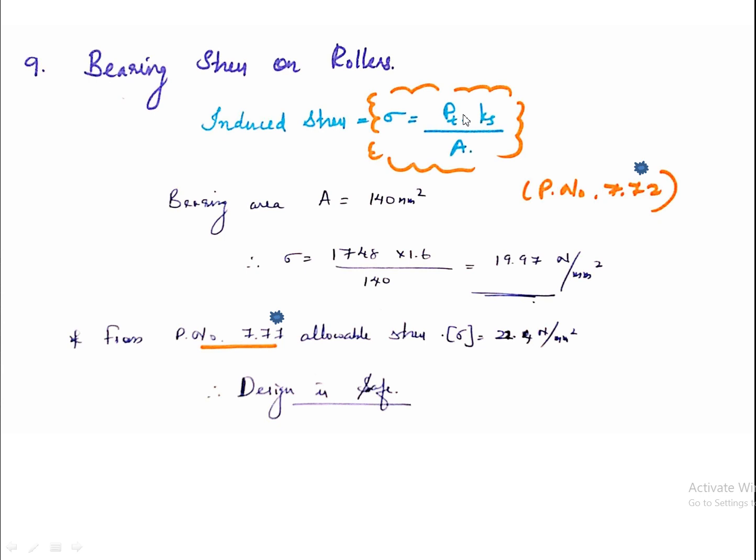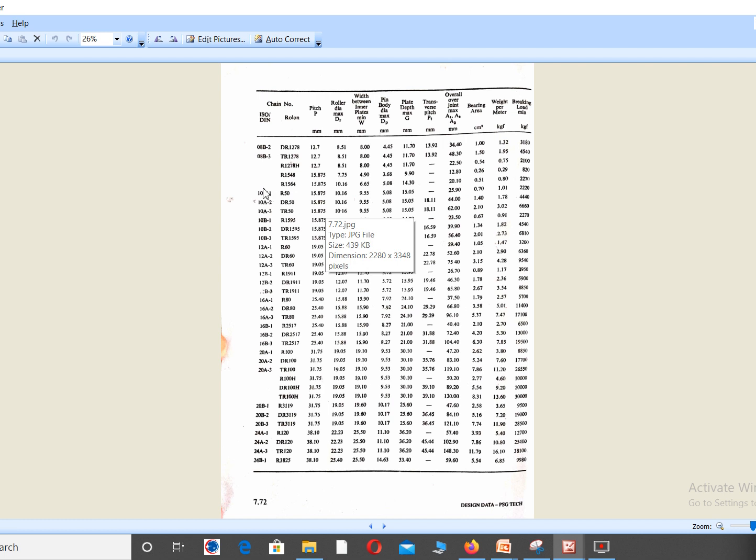Let's make it a point: it is not P into P subscript capital D, it's actually P subscript small t, which represents the tangential load. So the induced stress is the product of the tangential load and the Ks value, the constant, divided by the bearing area. The area value is taken as 140 mm square. This value you will also get from the standard table, since we have selected 1082 DR50.